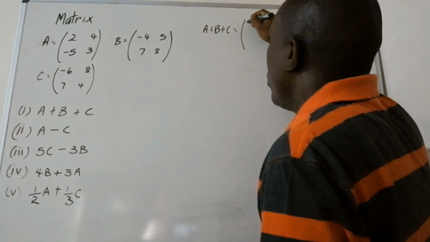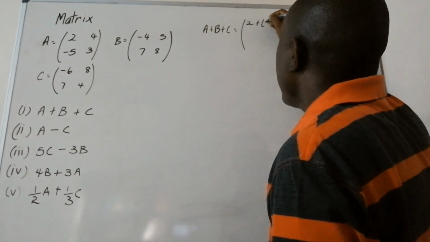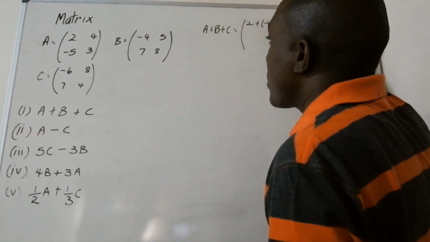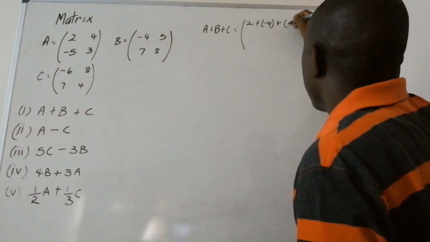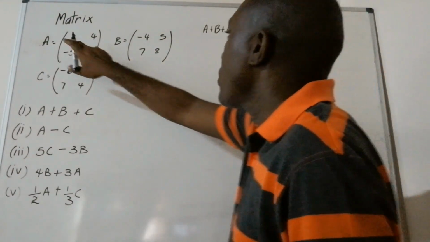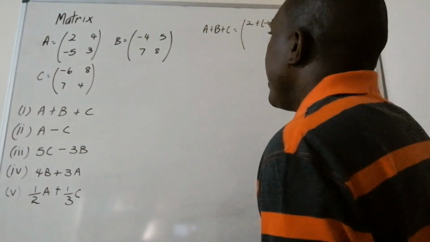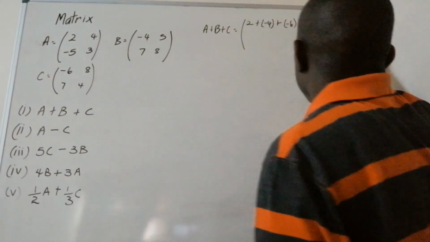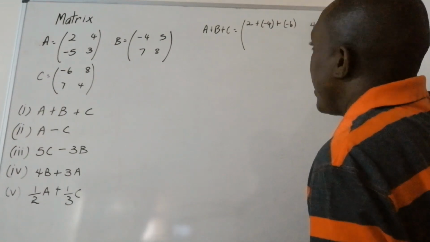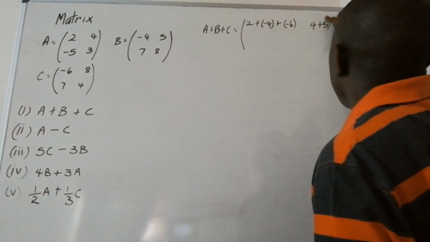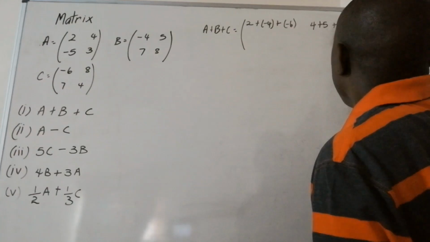We could do 2 plus minus 4 plus minus 6. So we add 2, same position, plus minus 4, plus minus 6. And then in the next position, 4 plus 5 plus 8.